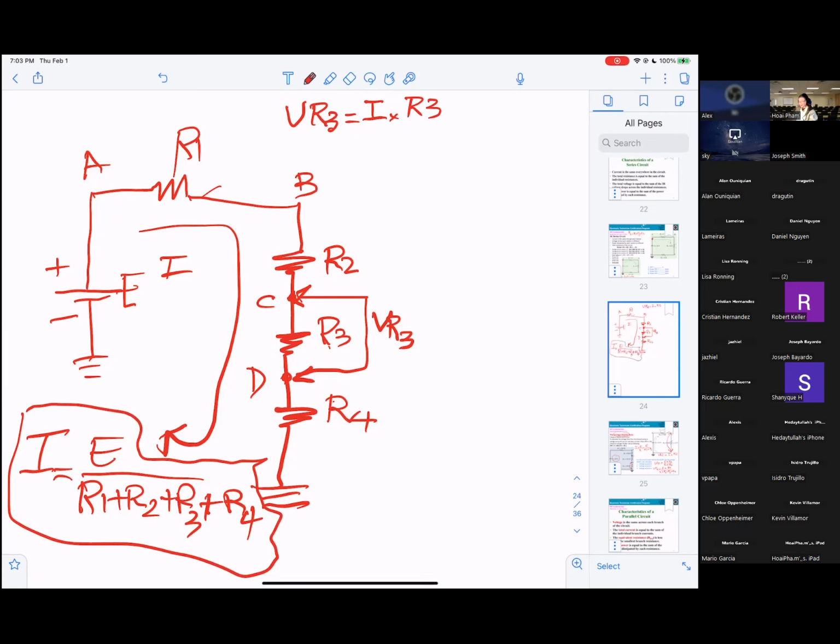However, now I want the voltage divider law. Then what does VR3 equal?